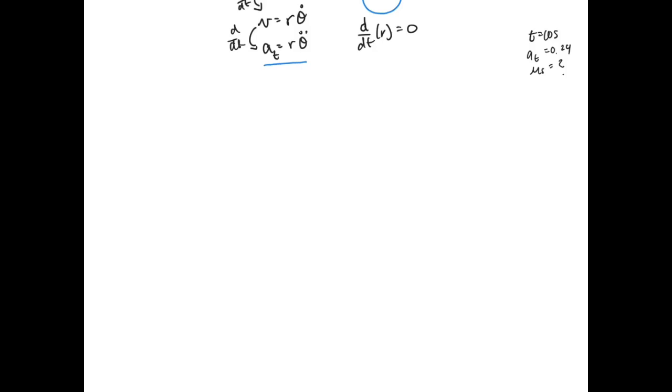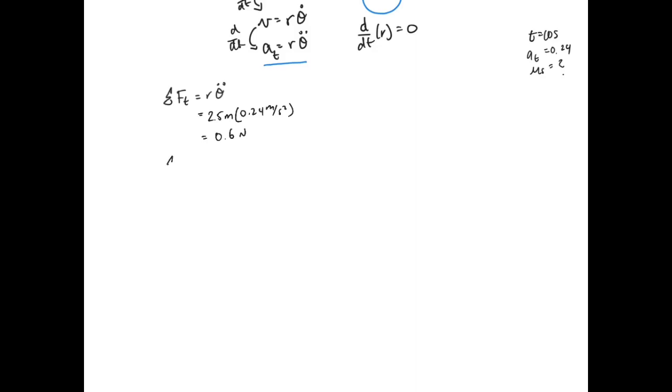We have the summation of force tangential is equal to r theta double dot, which will be equal to our r, 2.5 meters, times our tangential acceleration, 0.24 meters per second squared. So now we have a value for our tangential force, which is equal to 0.6 newtons.